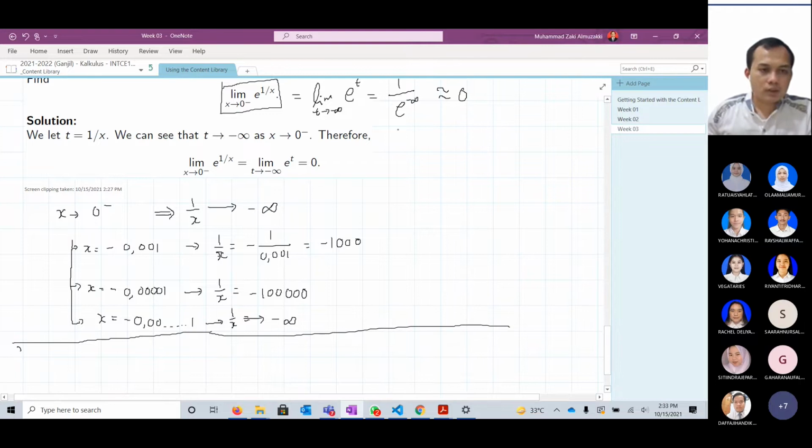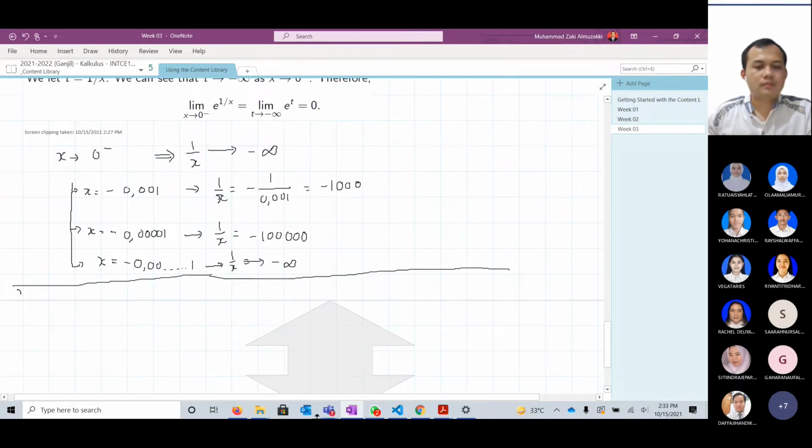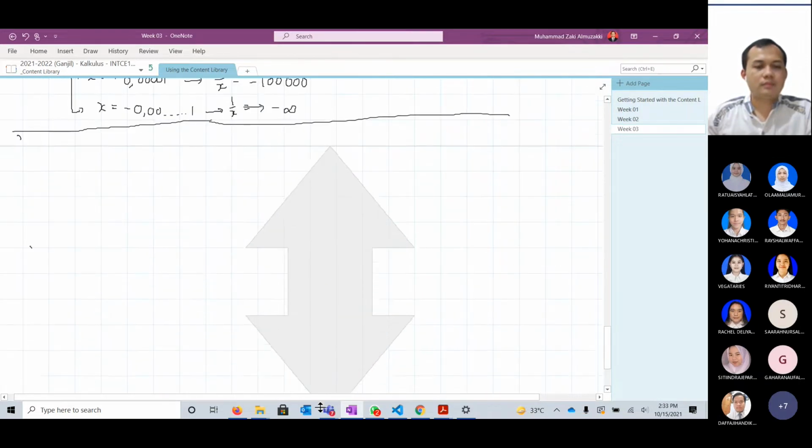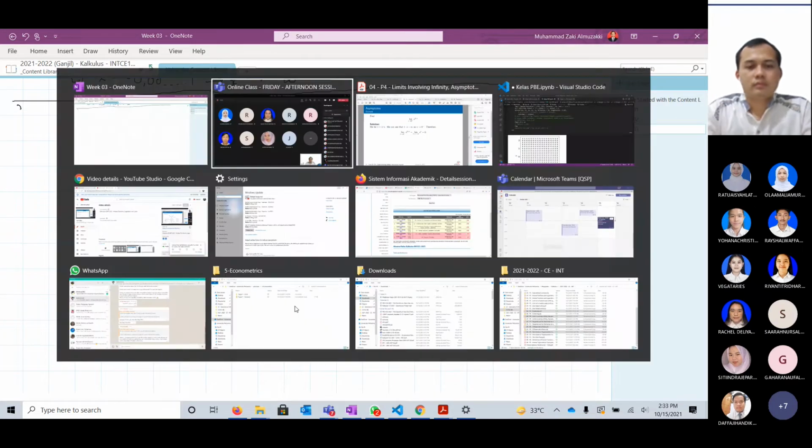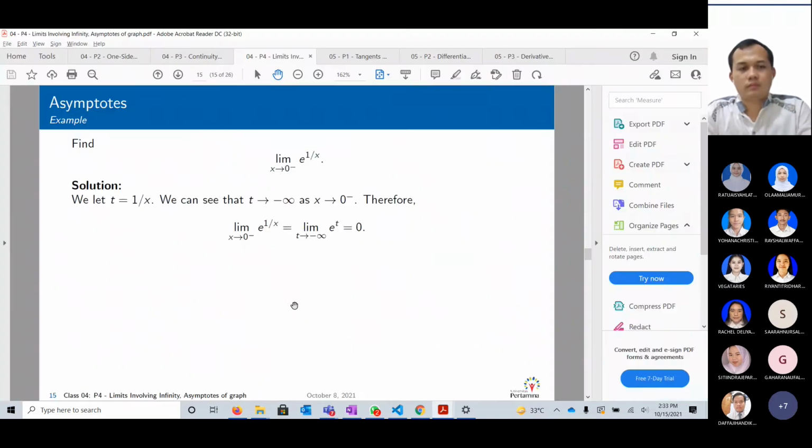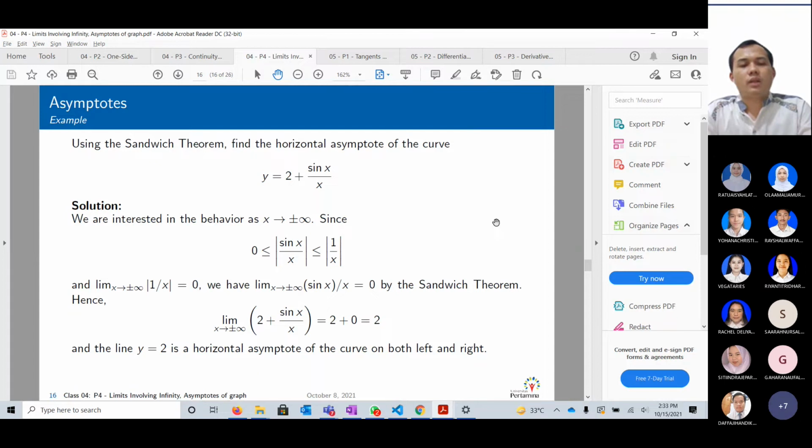Okay. Now we can continue to the next more challenging things. Okay. Now, we can try to find the horizontal asymptote of y equals 2 plus sin x over x.